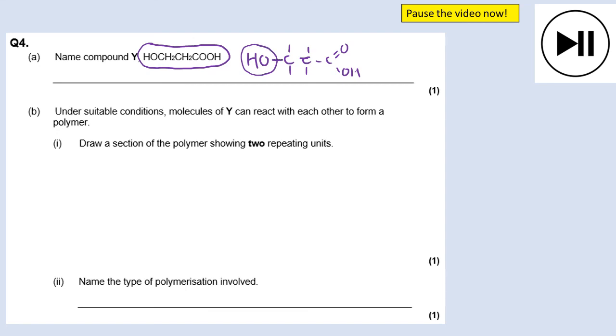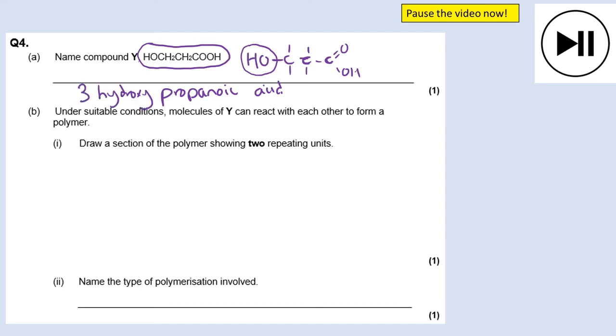You can use the suffix -ol or the prefix hydroxy. Now with a carboxylic acid, we don't have that prefix. So we're just going to call this propanoic acid, with a hydroxy group. And it's going to be 3-hydroxy propanoic acid.